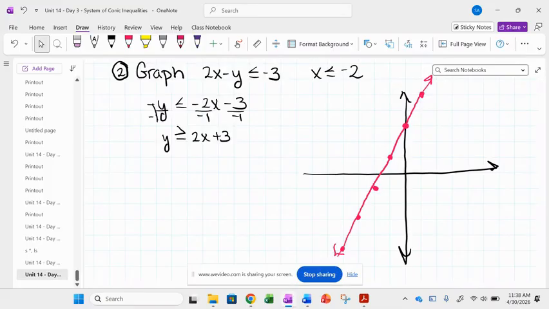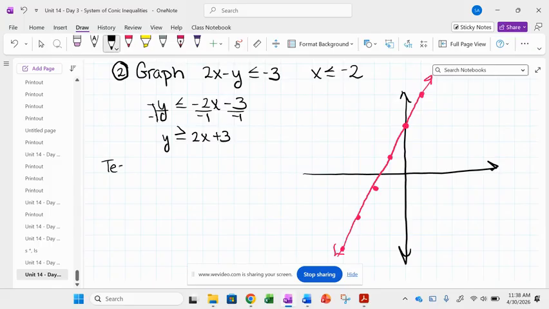Okay, so we can rationalize that y greater than, where y is greater than this line, would be above the line. That's all where y is greater than. And if you can rationalize it, do you have to test? No. But if you can't visualize that, you can test. Absolutely.